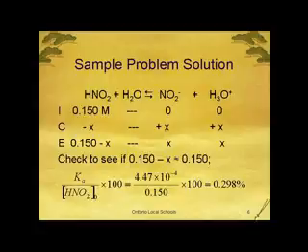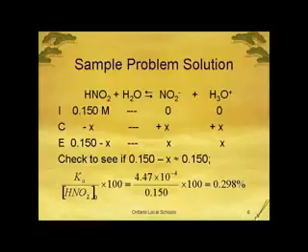The change in the HNO2 will be minus x, and the change for NO2- and H3O+ will be plus x and plus x respectively. At equilibrium, the concentration of HNO2 will be 0.150 minus x, and the concentrations of NO2- and H3O+ will be x and x respectively.